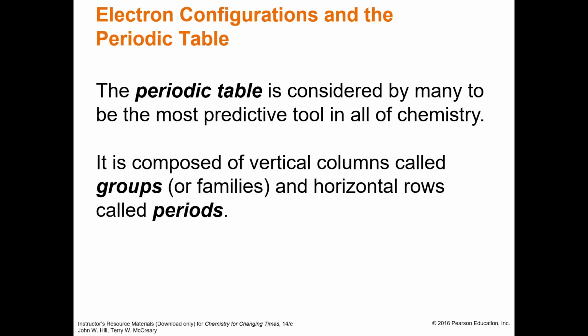It is composed of vertical columns that we call groups. Some people have called them families. That's not really right, but groups is the actual terminology. And horizontal rows that are called periods. Now, many people are going to call these periods energy levels or shells if they understand what they're looking at. And that's because, remember how I was talking about energy levels and shells before?